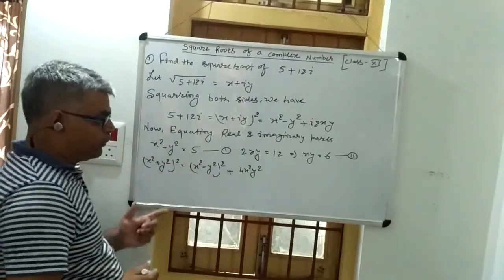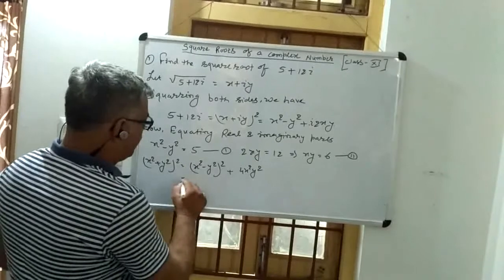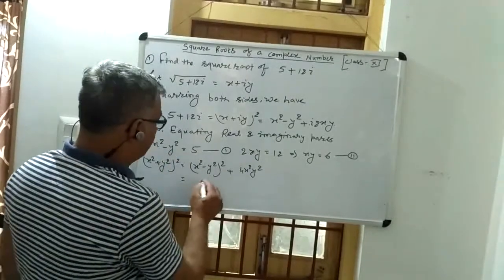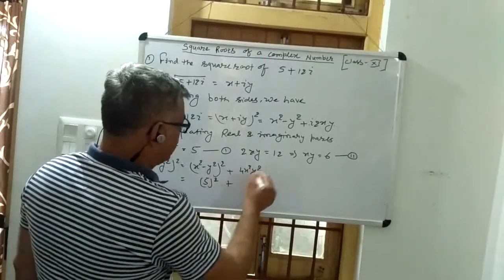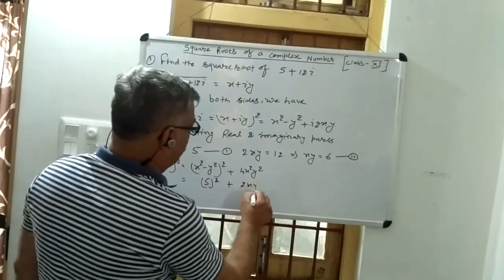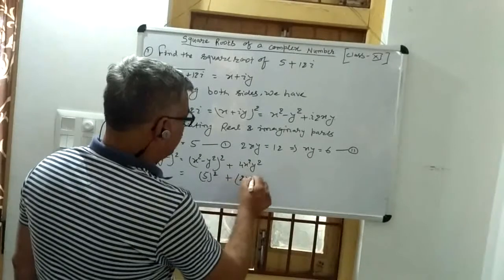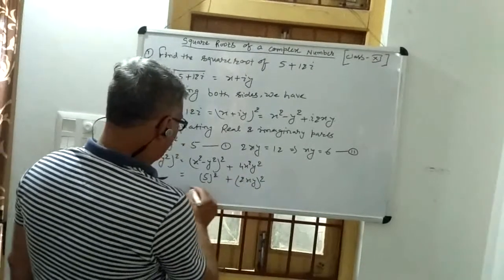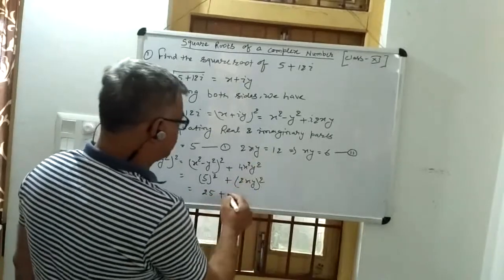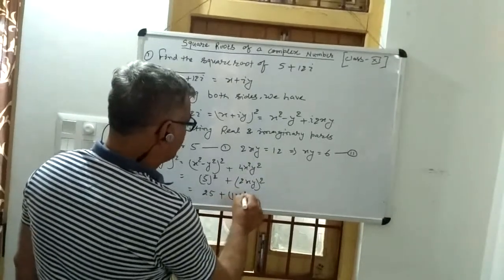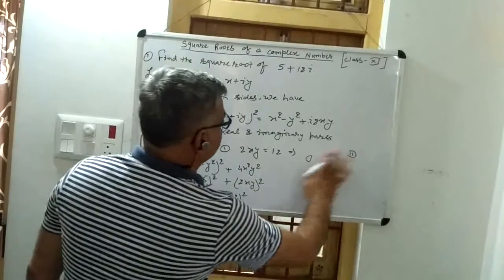So on putting the values, we have 5 square plus (2xy) whole square. So you will have 25 plus the value of 2xy, which is 12 square.